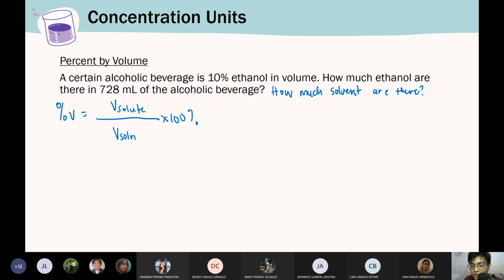Just send it in our chat box, and then let's see if it's correct. I'll mute first so you can focus. So, I'll ask, there's already an answer. Lance is fast. Lance already has an answer. It's 72.8 ml ethanol. Okay, so let's wait for others.